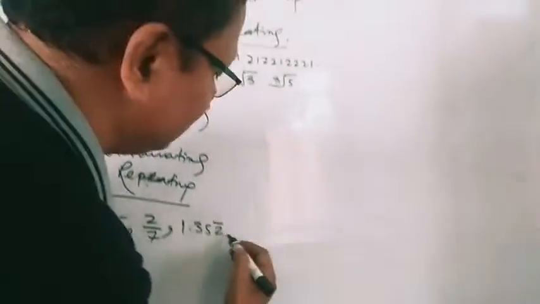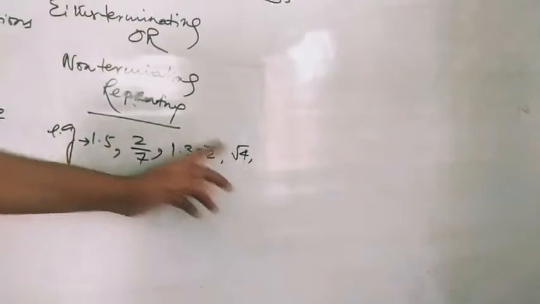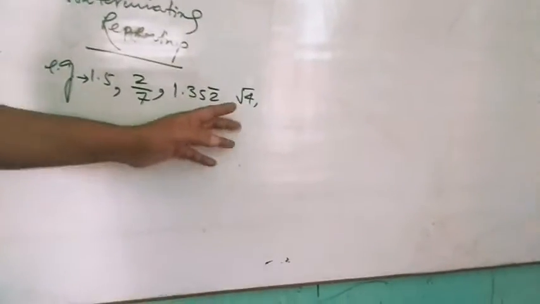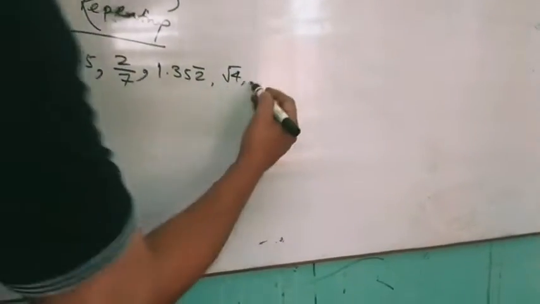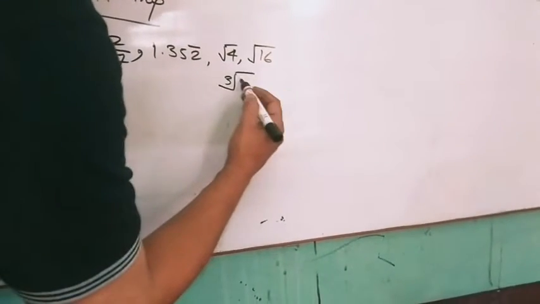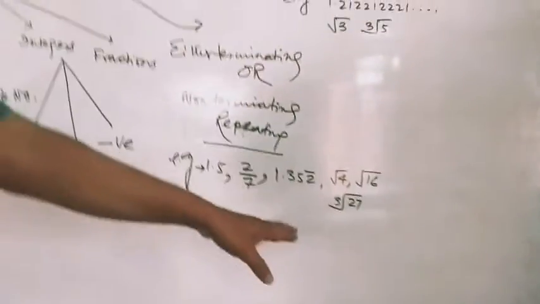But if we write square root of 4, 4 can be taken out of the square root sign and it will be 2, which is a rational number. Remember, similarly, root 16, cube root of 27, all these are examples of rational numbers.